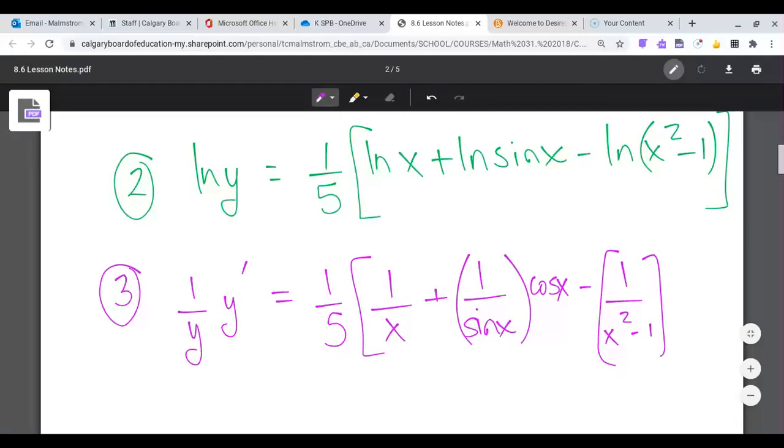And that needs to be multiplied by the derivative of the bottom, which is 2x. And so there's my derivative.